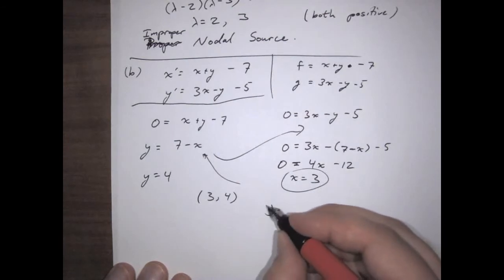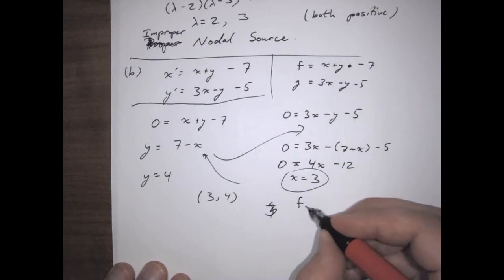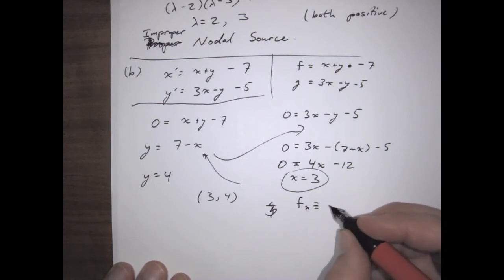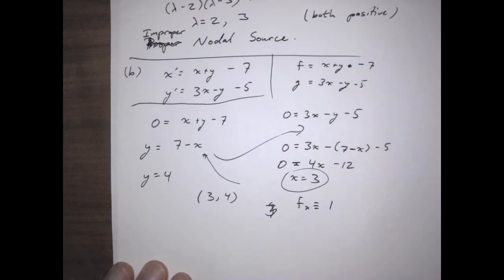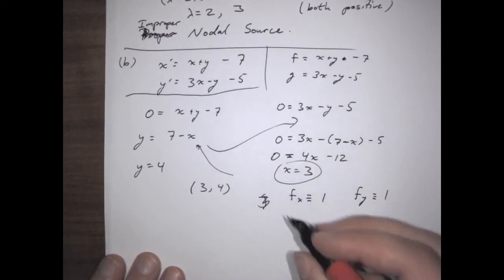Which means that f sub x is going to be identically equal to just 1 plus 0 minus 0. F sub y is going to be 0 plus 1 minus 0, so it's going to be 1, identically.